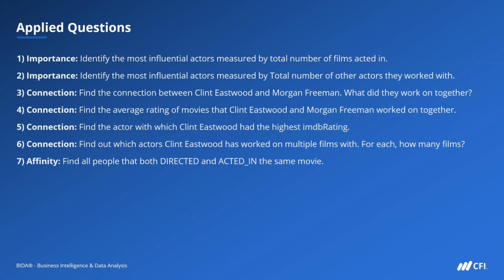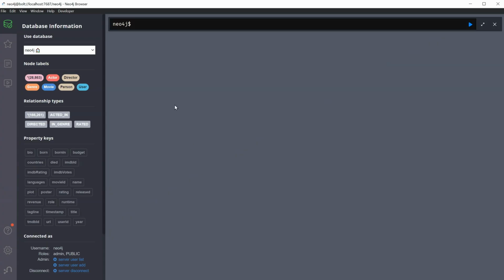Question 7. Find all people that both directed and acted in the same movie. And so this is an example of affinity where we're searching for the same pattern at multiple points in our graph. This one's an interesting one to solve, as we have to reference our person node multiple times.